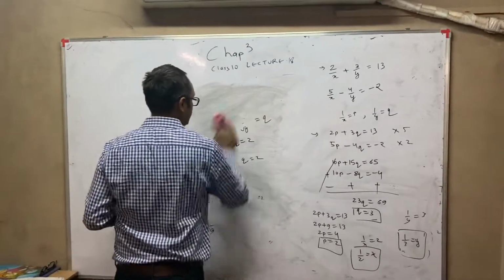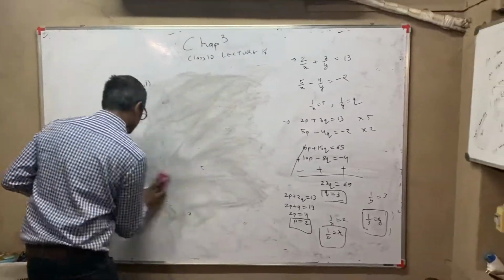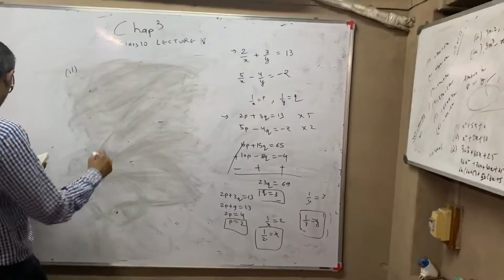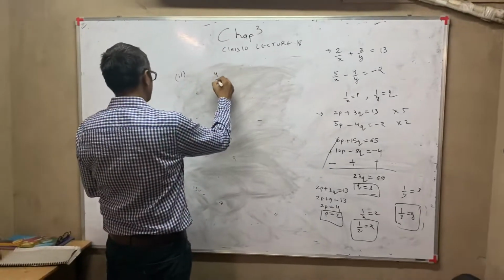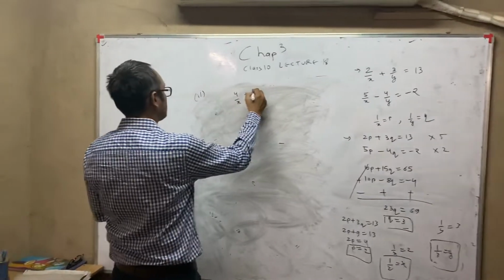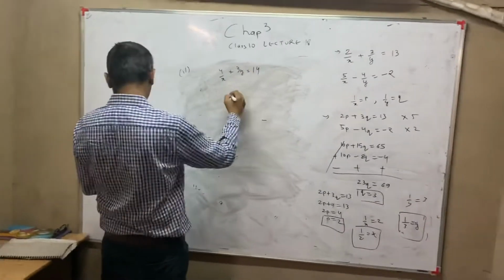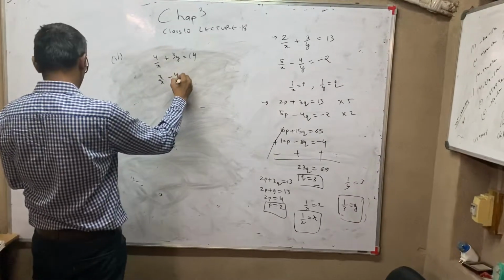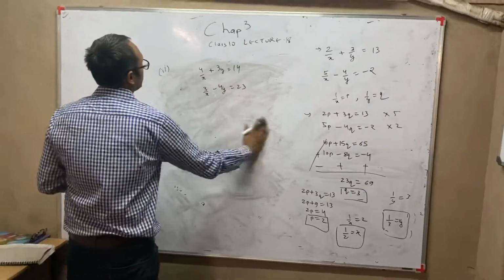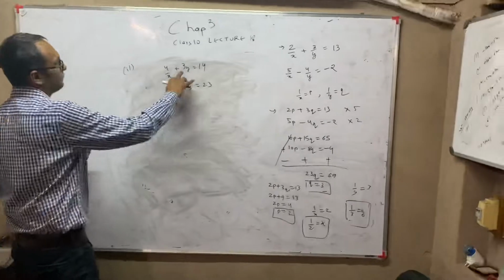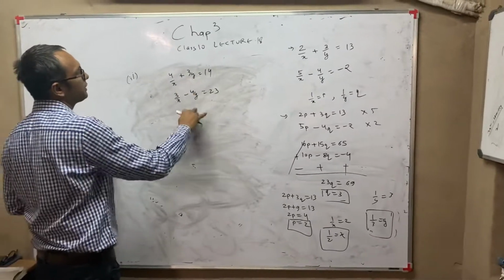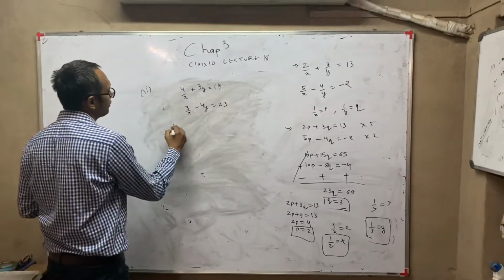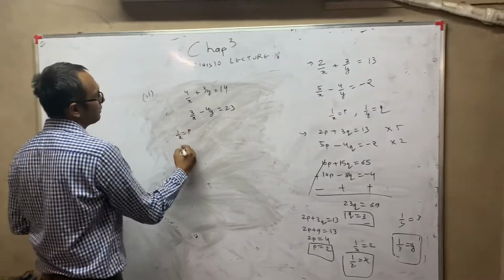Now to question 3. Four upon x plus 3y equal to 14. 3 upon x minus 4y equal to 23. In this, if you see, this value is there in this form, only this value is not there. So here you only have to put 1 upon x equal to p.